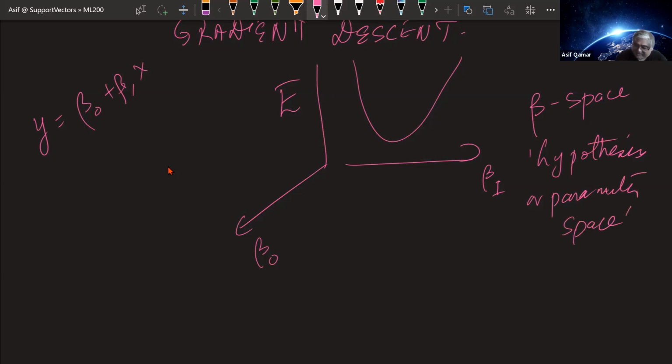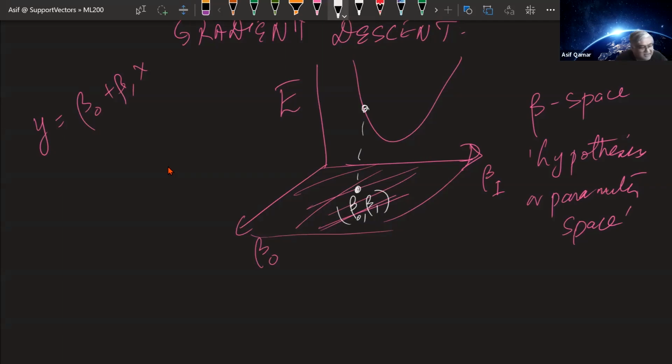Hypothesis is more intuitive to me because every point in this plane represents a value of beta naught, beta 1, and associated with it is a certain degree of error. What we are trying to find is the point with least error. This is a solution.